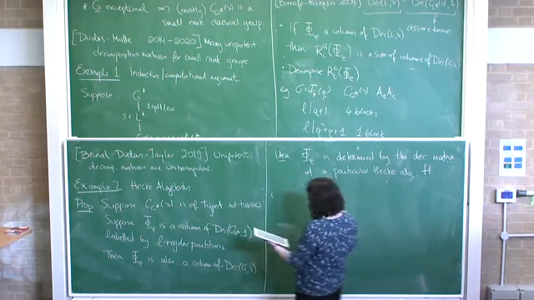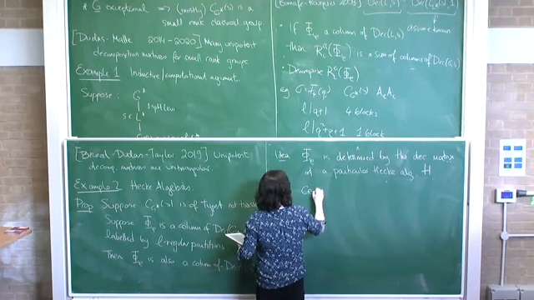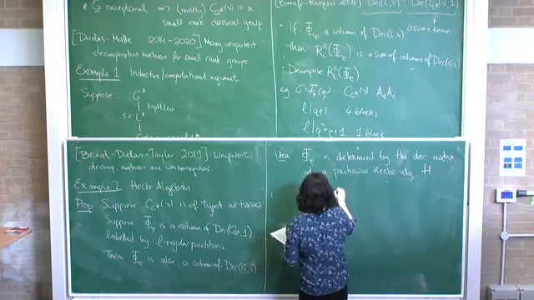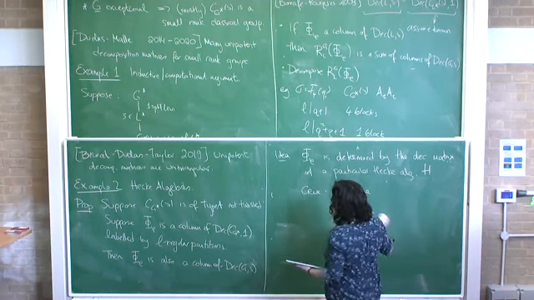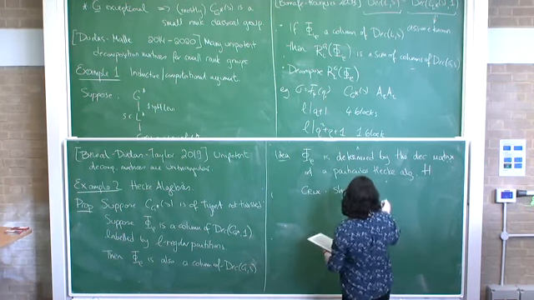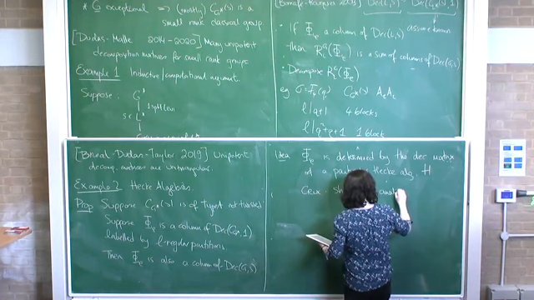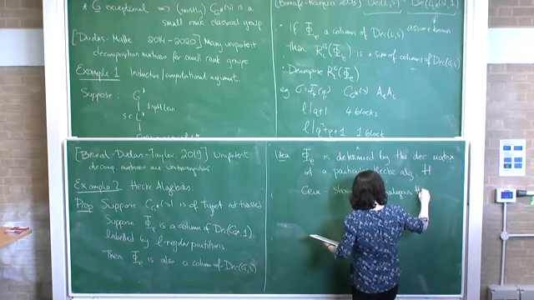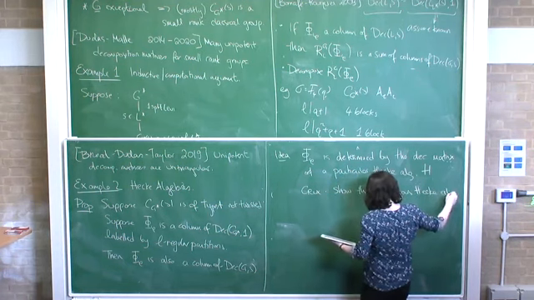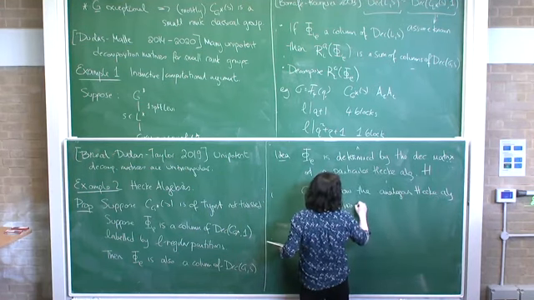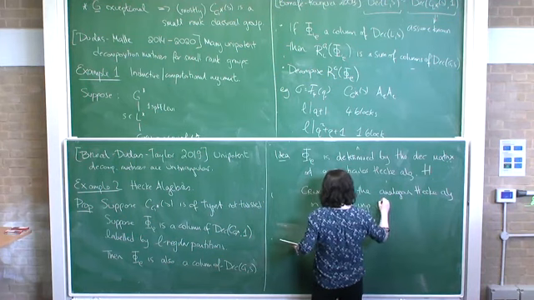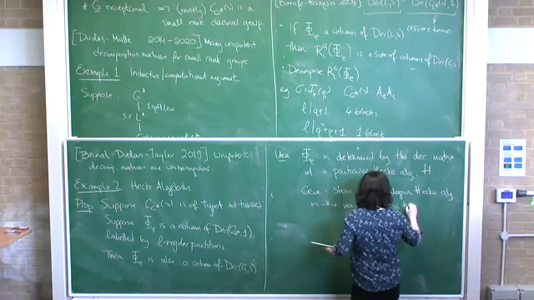Let's call it H, and the point here is that you can show that you can analogously define one on the other side, so that the analogous Hecke algebra on the non-unipotent side is the same.